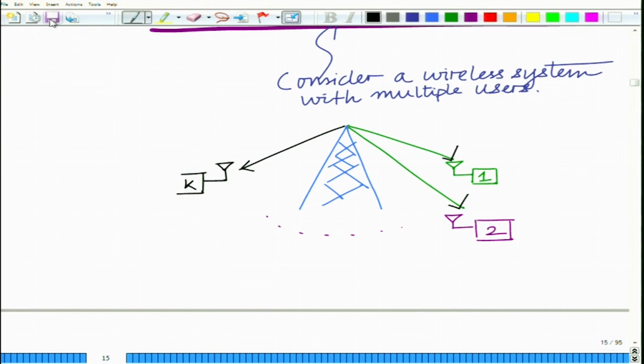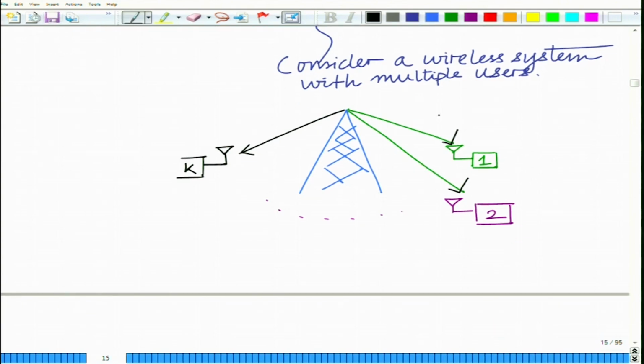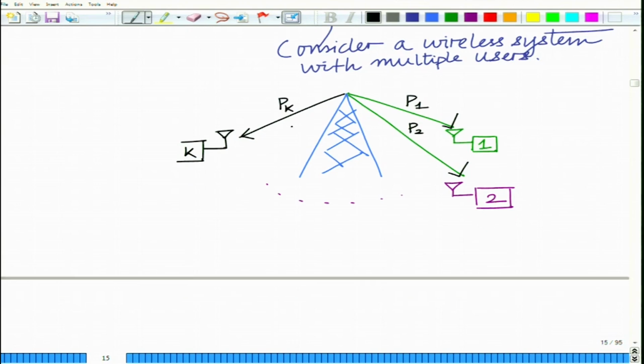Okay. Now let P1 denote the power to user 1, P2 denote the power to user 2, and so on, Pk denote the power to user k.